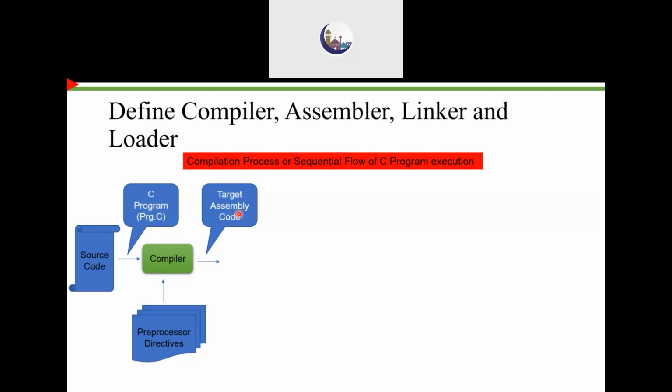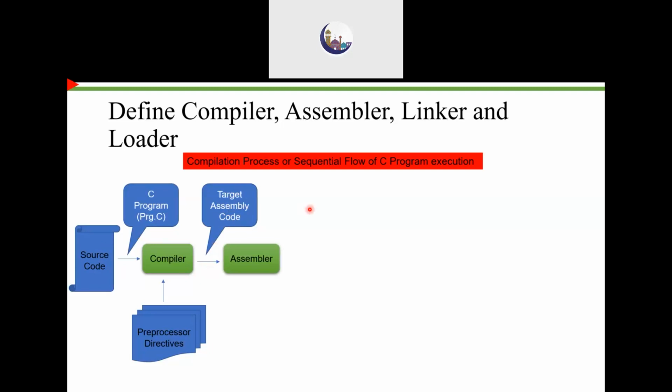It needs to be translated into ones and zeros again, which is machine language. So to translate it, just like how we are having source code to assembly language, we have a translator for assembly language to machine language. The translator is called as assembler.